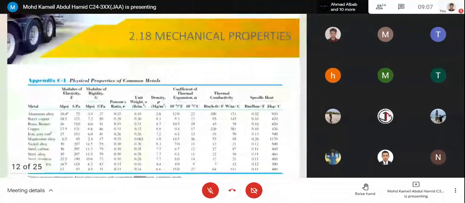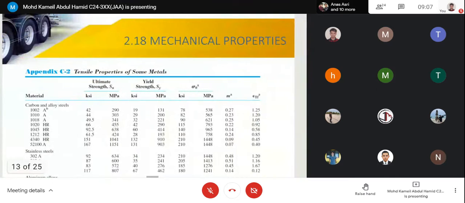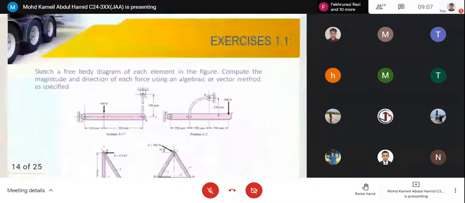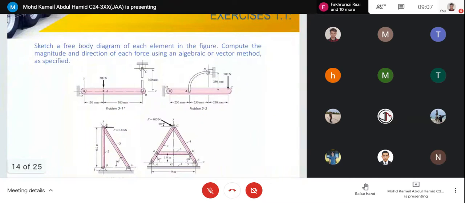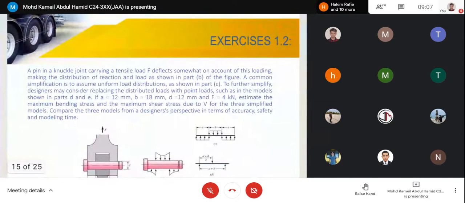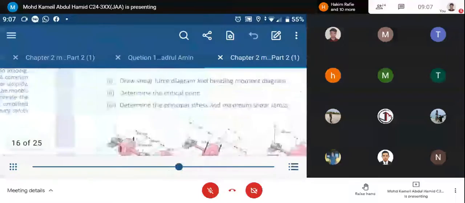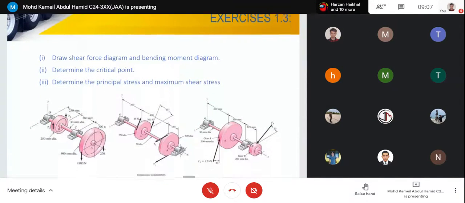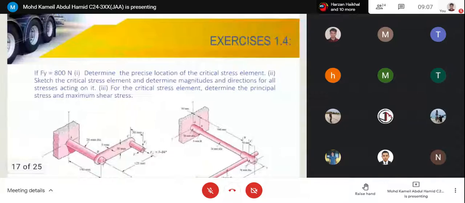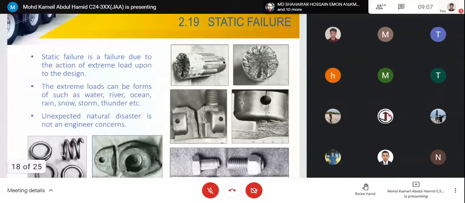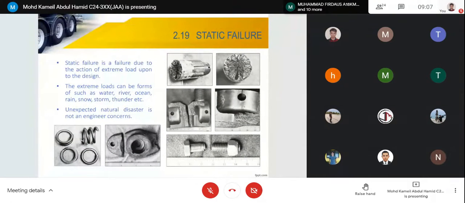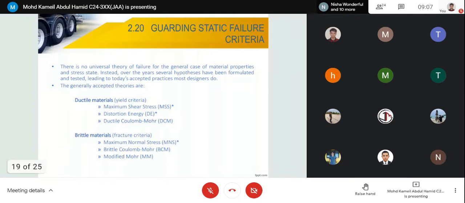Next, this is the mechanical properties of different metals. We have looked into this already. Then static failure. We mentioned the static failure theory.